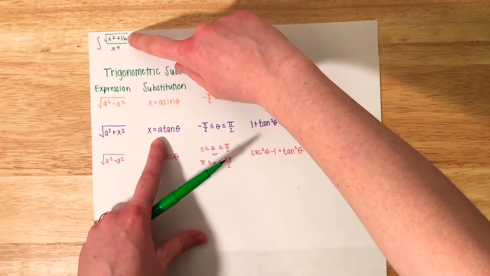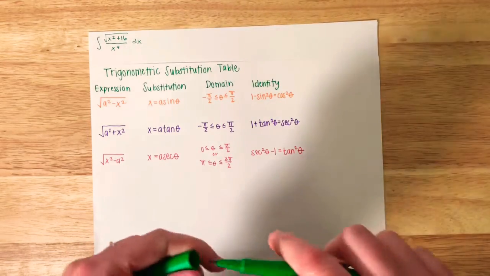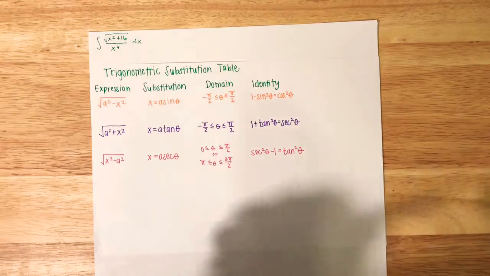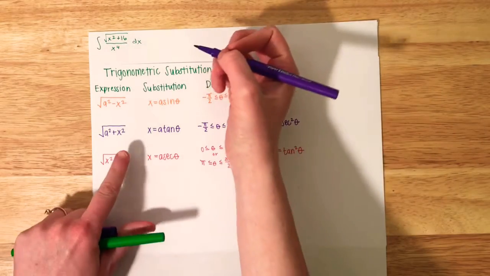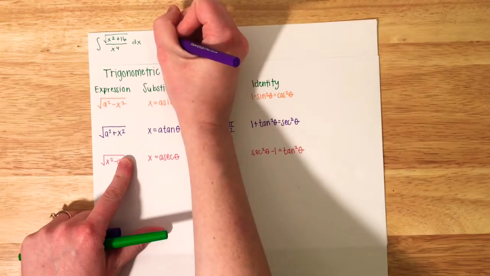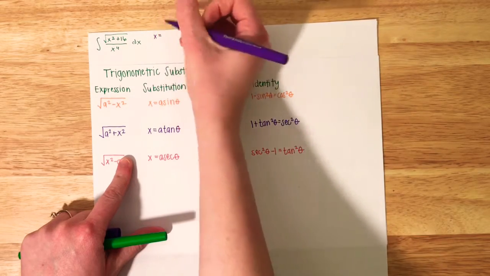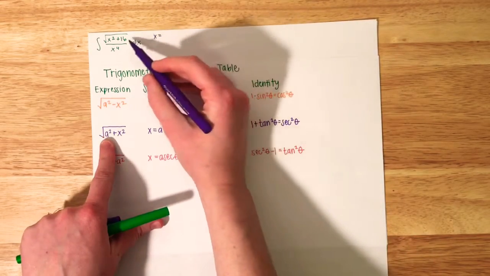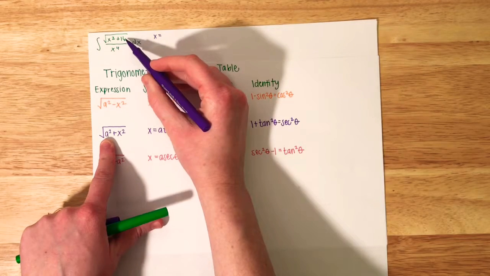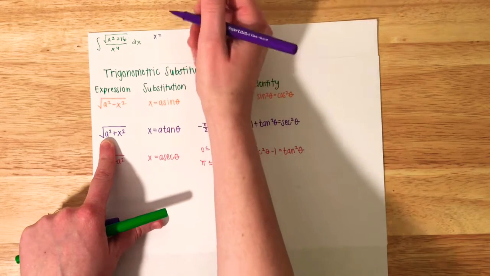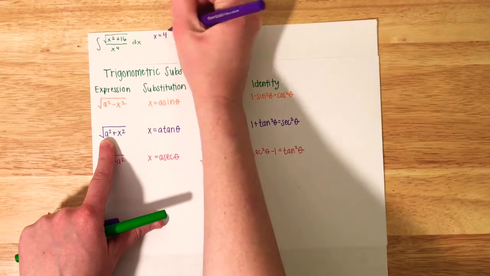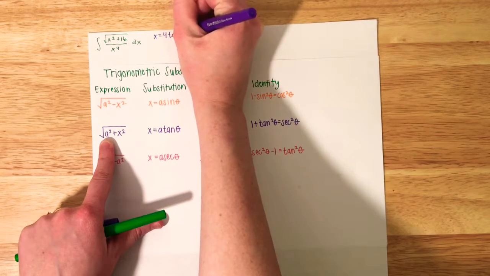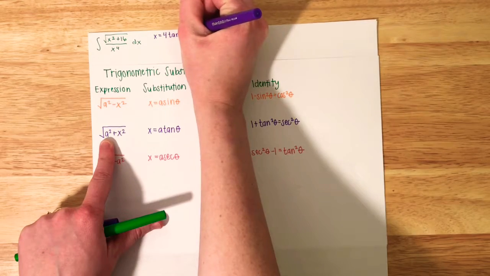So we're going to use x is equal to a tangent theta as our substitution. In this case our a, here we have 16, so the square root of 16 is 4, so our a will be 4. So x equals 4 tangent theta.